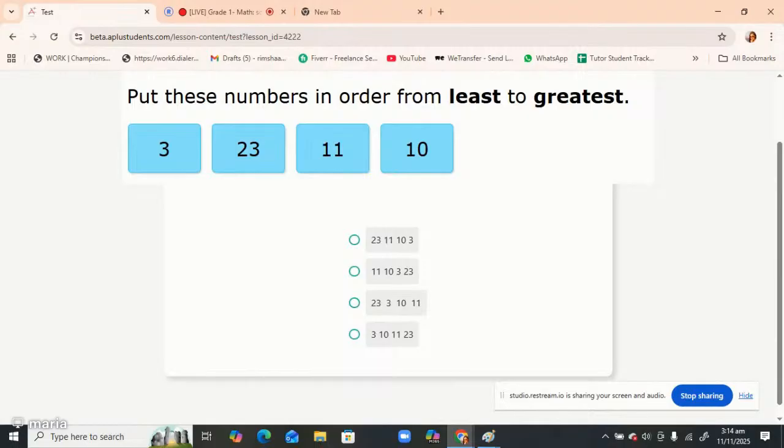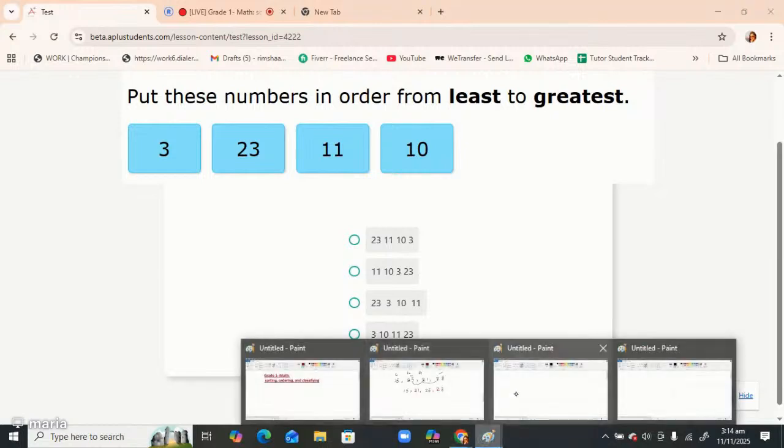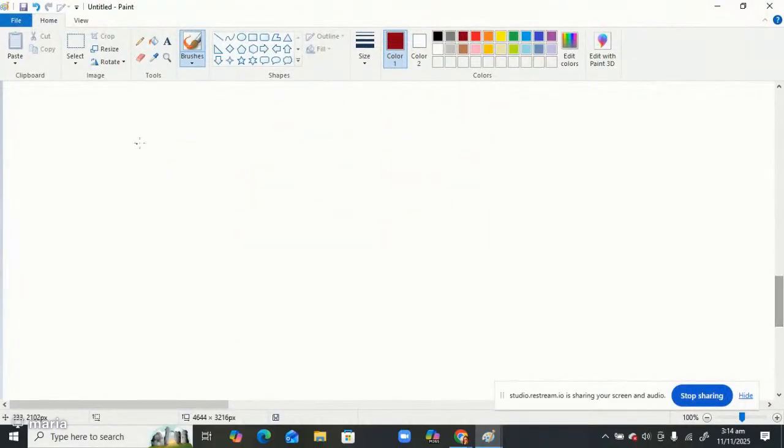Okay, now let's write all these numbers. Put these numbers in order from least to greatest. That is 3, 23, 11 and 10. So 3, I'm going to write it here: 3, 23, 11 and 10.